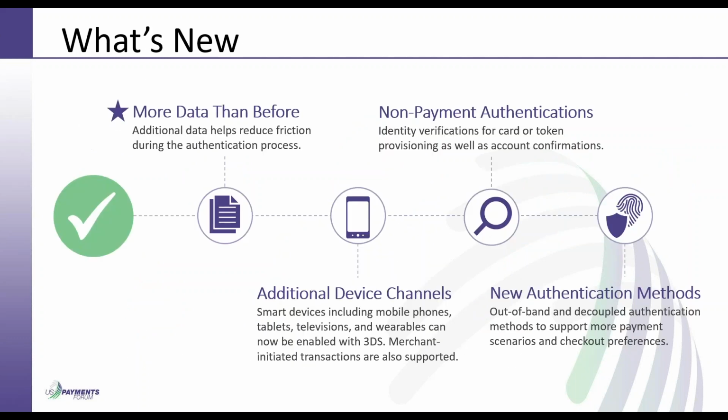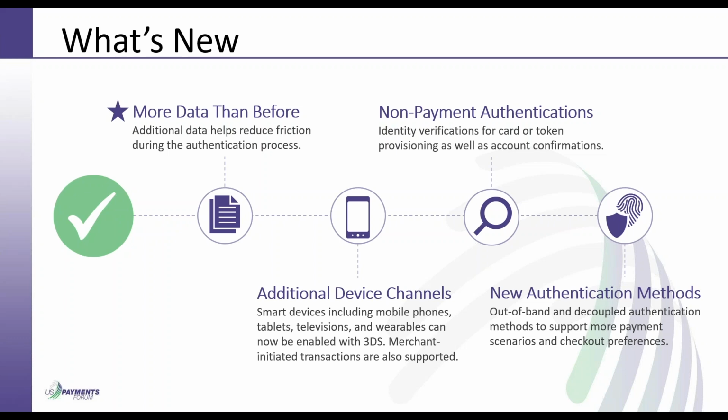So what features and enhancements does EMV 3DS bring? So the first feature here, the emphasis is on data. So there's a lot for this. Merchants can provide issuers with significantly more data than its predecessor. The data set can include information that goes above and beyond typical transaction data.